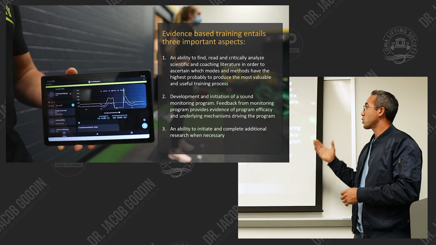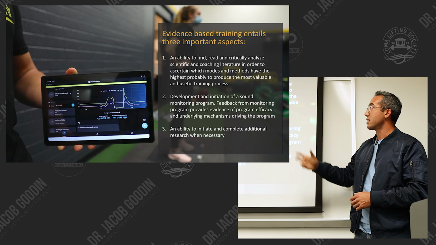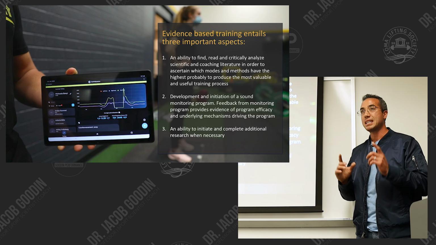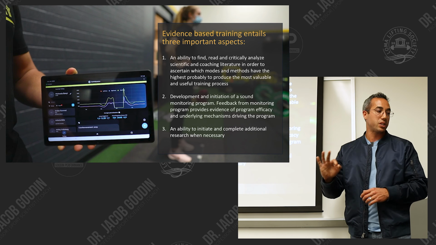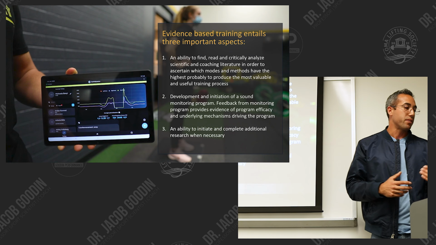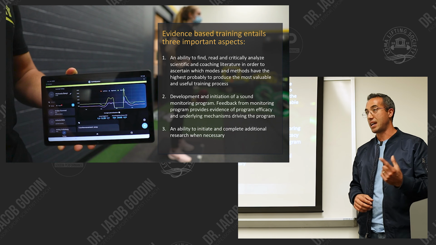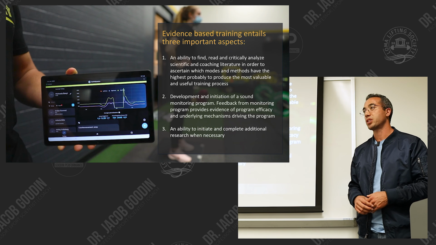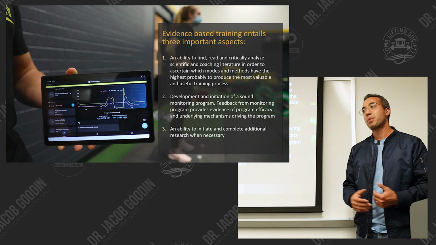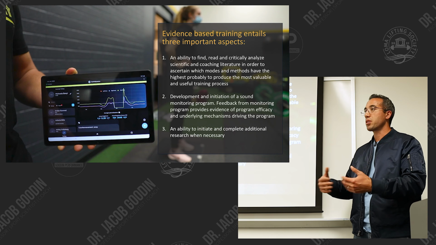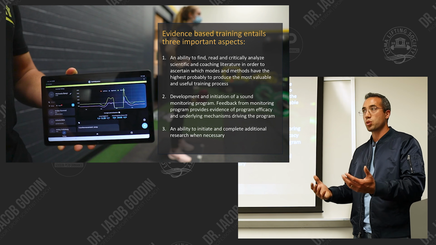So in order to counteract this, we have to take an evidence-based approach. The evidence-based approach in sport training has 3 primary aspects. The first is an ability to find and read and critically analyze scientific and coaching literature. Okay? Coaches need to be educated. They might not go and read the primary articles coming through in the scientific journals, and that's totally fine.